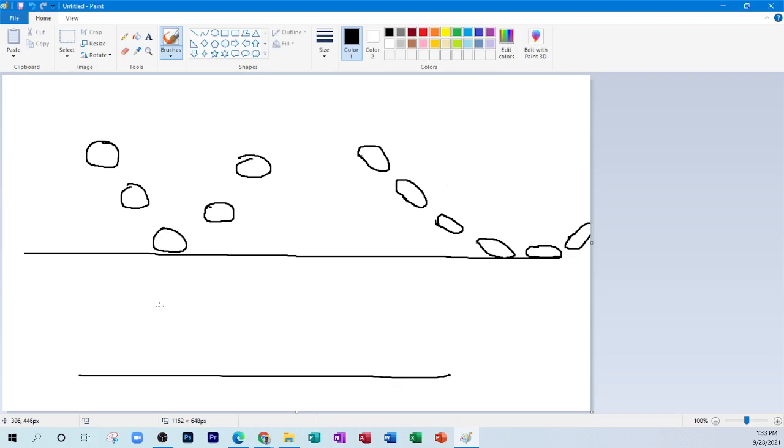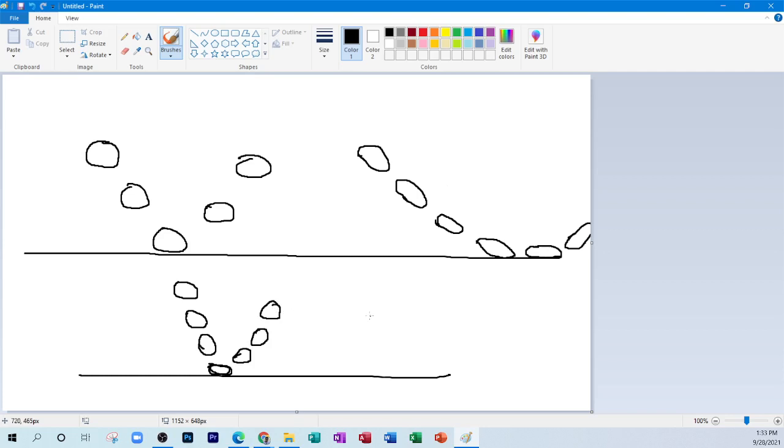So if a ball was coming down, you can start stretching a bit, and then it's going to flatten, something like that, and then it's going to bounce up in the other direction.